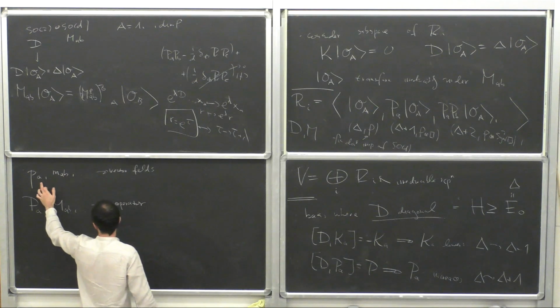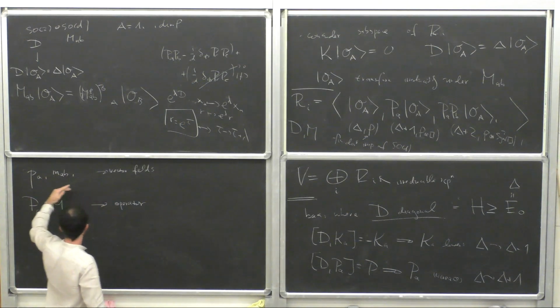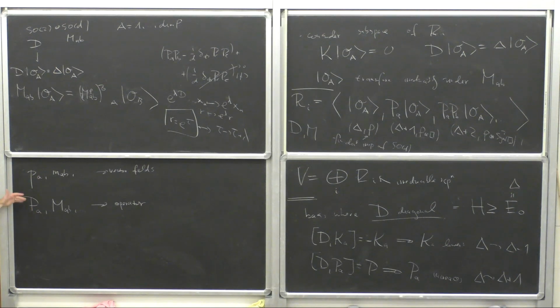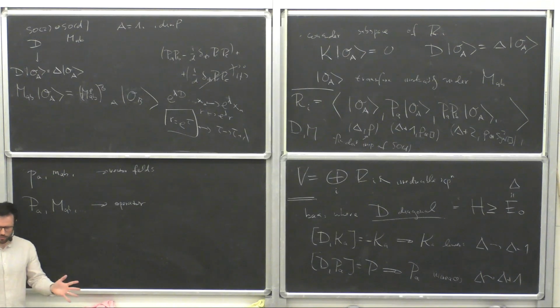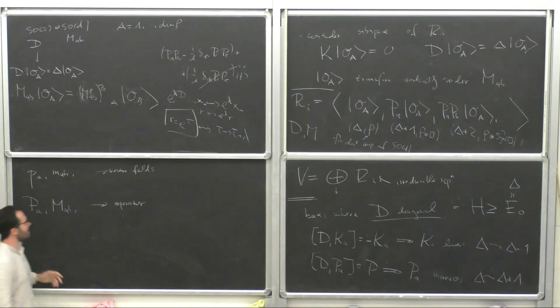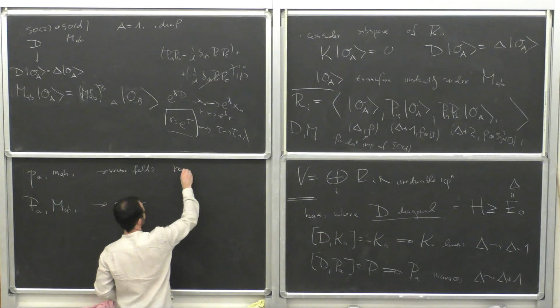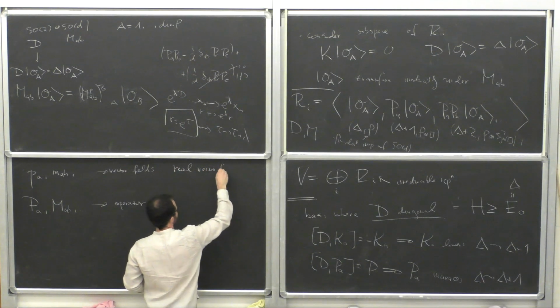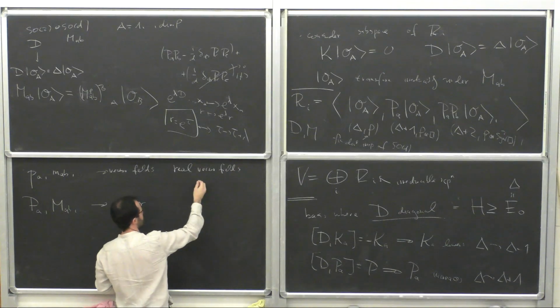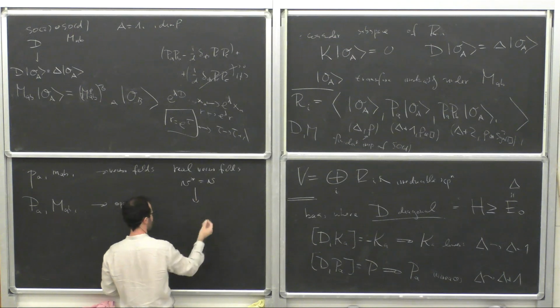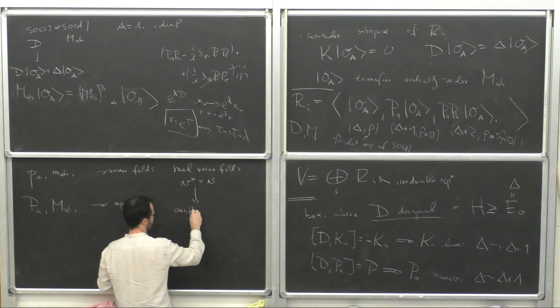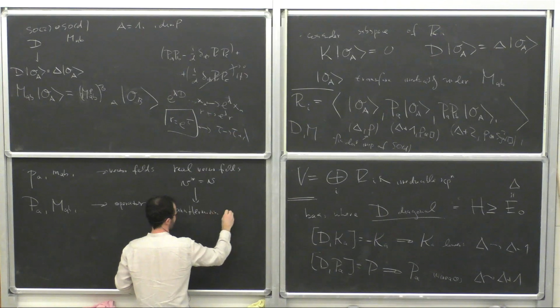Then we ask which of these are Hermitian or anti-Hermitian, and they are those which come from real vector fields, with real being interpreted in the Lorentzian signature. So there's an important mismatch here. A real vector field, in the sense of the vector field being its own complex conjugate, becomes an anti-Hermitian operator.